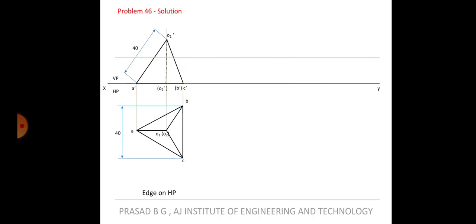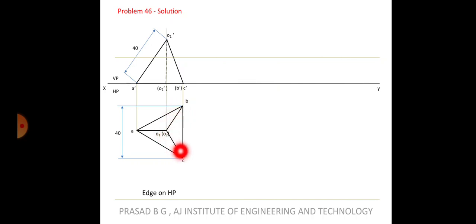That will be wrong. Why will it be wrong? You may ask, you said the slant edge is equal to the base side, right? This is also a slant edge, and on the other side OB is also a slant edge, OC is also a slant edge. Why should only OA be equal to 40? Because the other two edges, if you see the top view properly, are not parallel to the XY line.